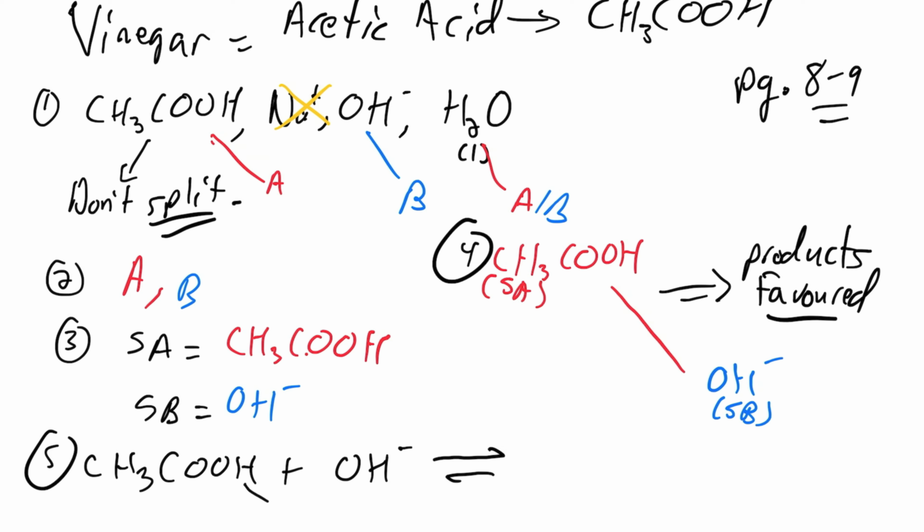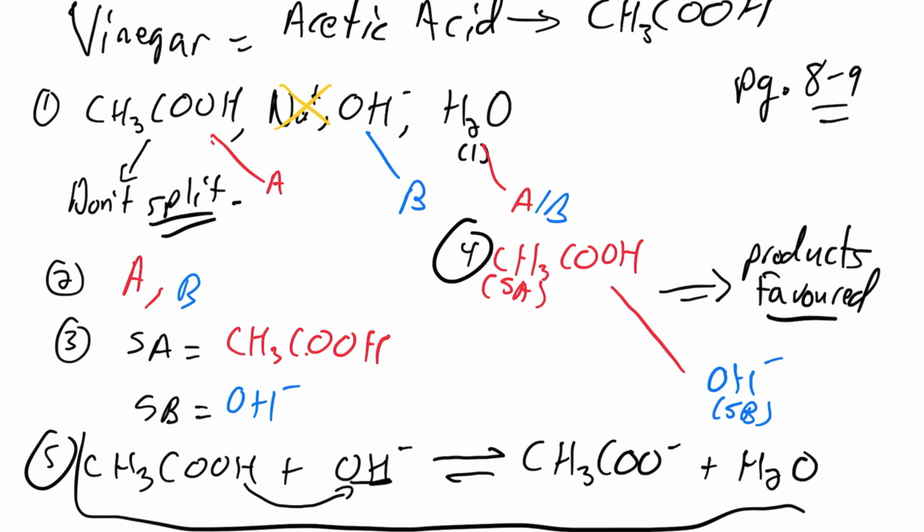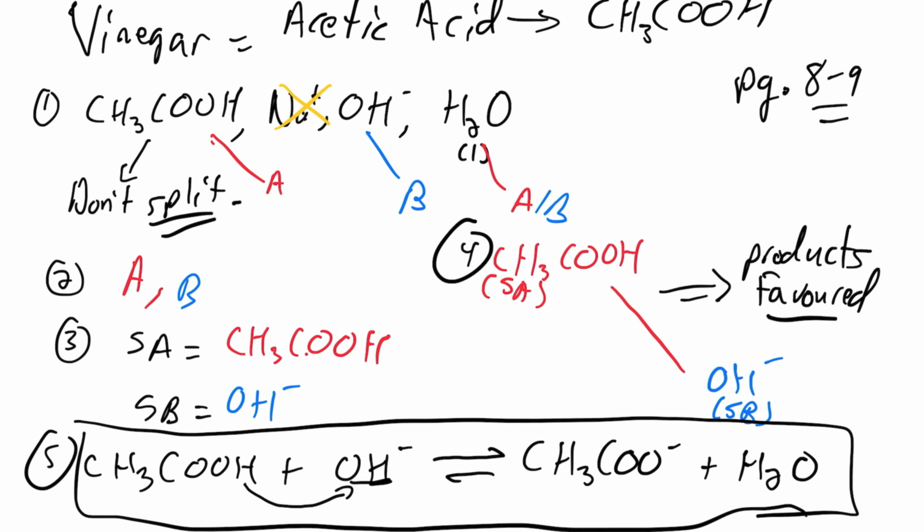This one is going to give one proton over here, so it becomes CH3COO minus plus H2O. This one gained a proton. Notice this change in charges. This is kind of what we were talking about last time. And so here is your final forward reaction of what we can expect to happen when we react acetic acid with sodium hydroxide.